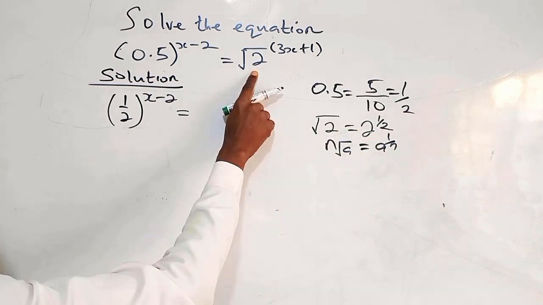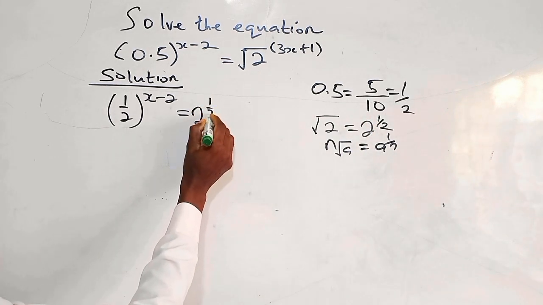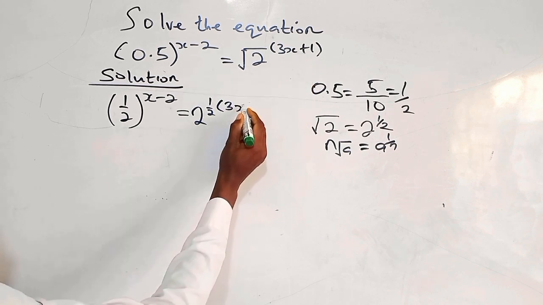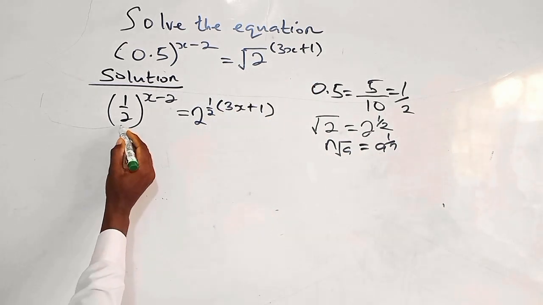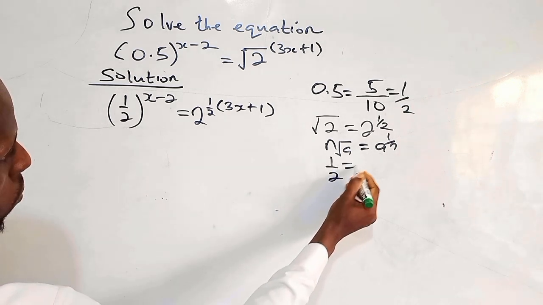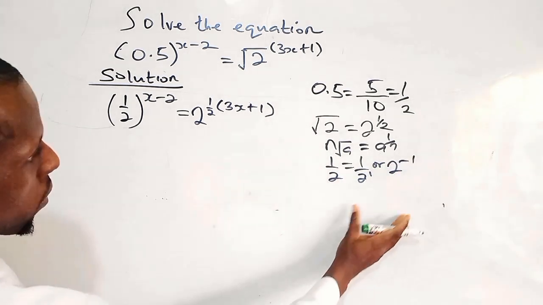So for root 2, I can write it as 2 raised to power 1 over 2 times the exponent I'm having, that is 3x plus 1. But for 1 over 2, I can write 1 over 2 as 1 over 2 raised to power 1 or 2 raised to power minus 1.